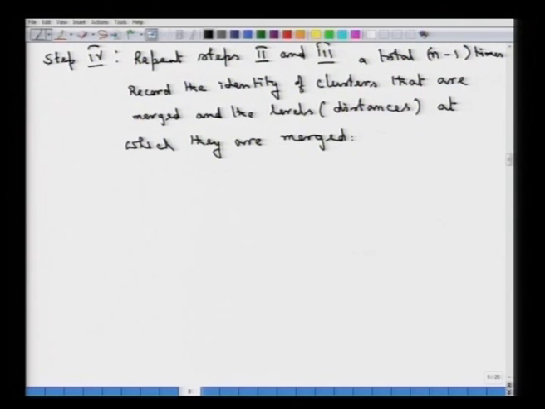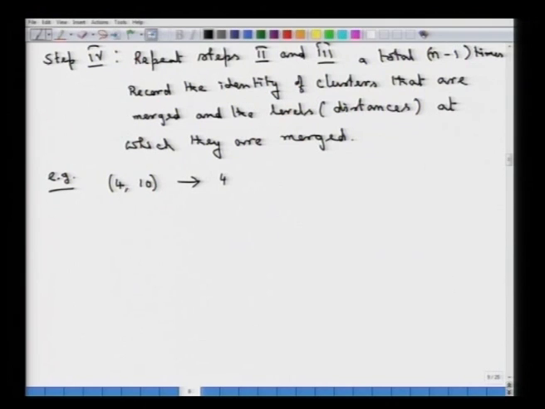So, at the end of these n minus 1 steps, we will have information of the type that, say, case number 4 is merged with case number 10 at a distance level of, say, 4. So, this is just a numerical example. I will go through a numerical example to see how this step actually works.